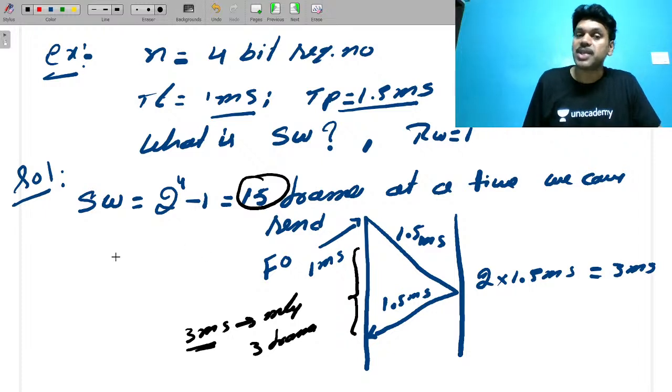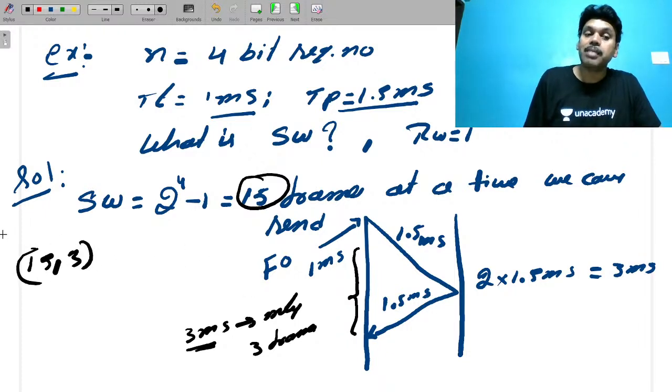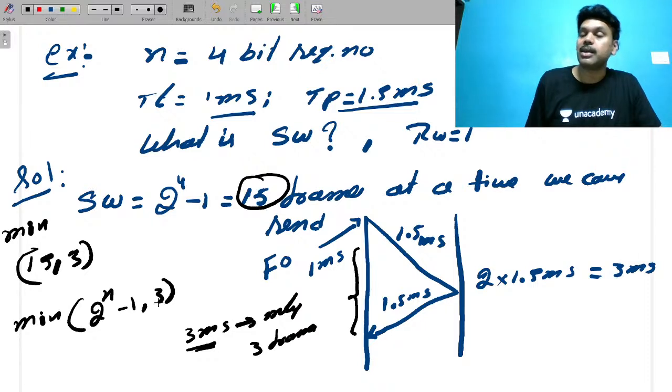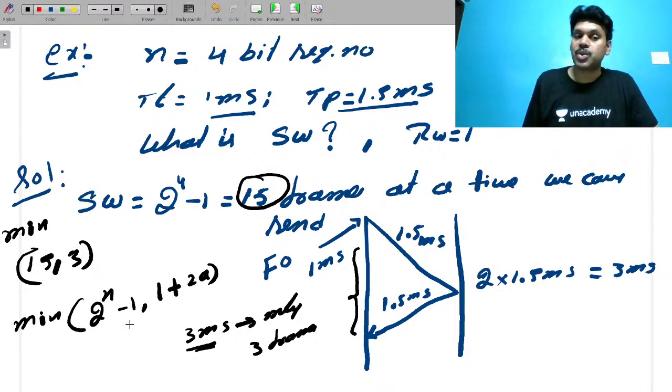Therefore, what are you sending here? Are you sending 15 or 3? We are sending the minimum. What is the minimum? Minimum of 2 power n minus 1 comma 3. So 3 is nothing but what? Your 1 plus 2a. Either this value we need to send. So here, what is the minimum? This is the minimum.